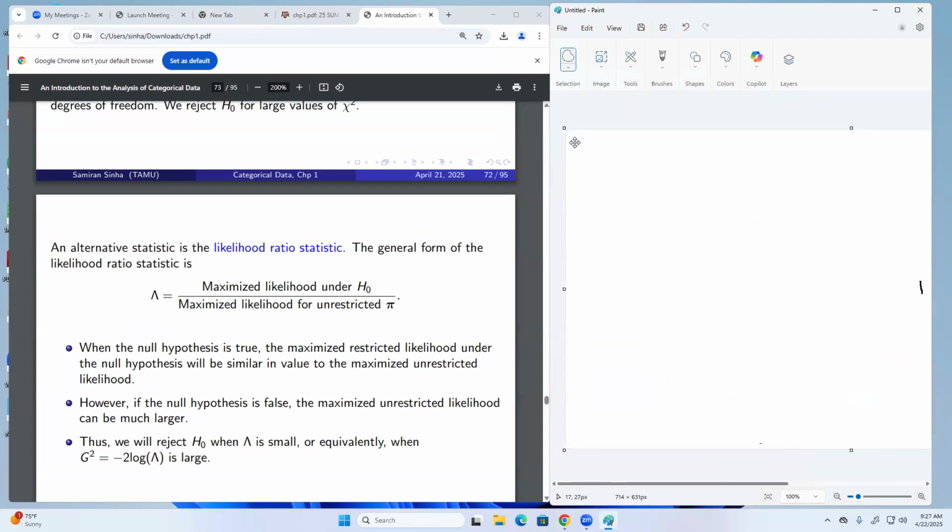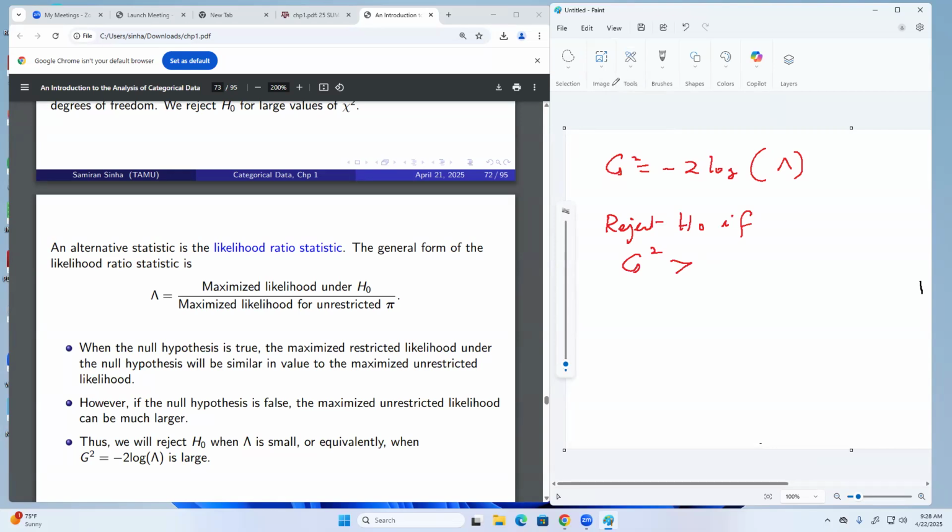So here, the statistic is G squared, which is minus 2 times log lambda, and we reject H0 if our statistic is greater than, again, it follows the chi-square distribution with degrees of freedom C minus 1. The test statistic has a chi-square distribution under the null hypothesis.